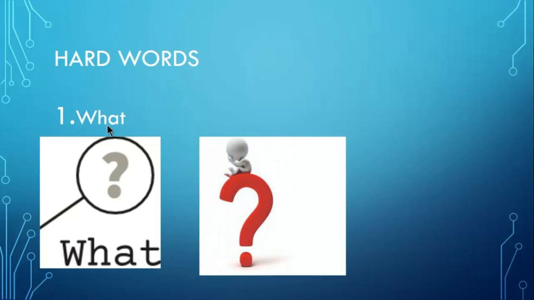Okay students, now number 2. What is this spelling? T-H-I-S. This. This means when any thing or any person is near us, at that time we use this.